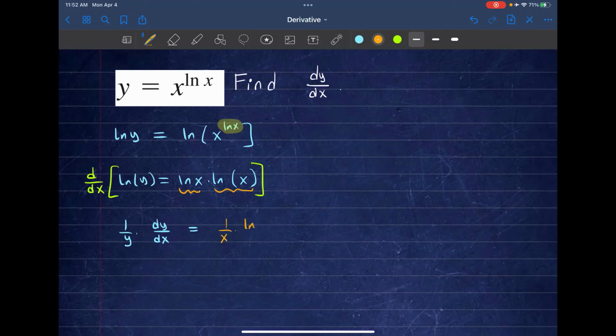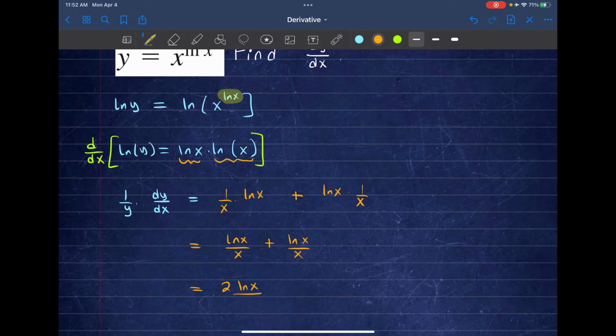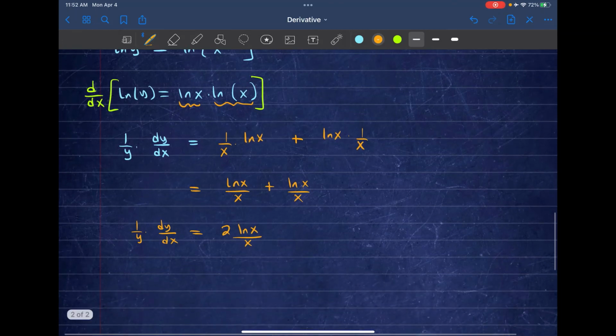Keep the second one, which is ln of x. Plus, now I keep the first ln of x and differentiate the second ln of x, that's 1 over x. Just to clear things up, the right hand side you can write as ln of x over x plus ln of x over x. That looks like the same thing, right? So you have 2 ln of x over x. And on the left hand side, we still have 1 over y times dy/dx. So I did a little simplification on the right hand side.